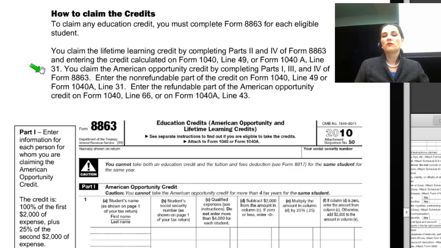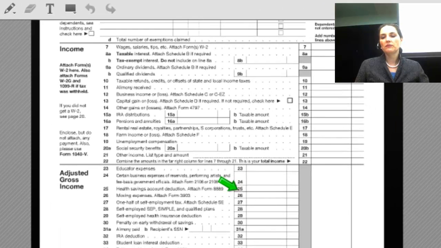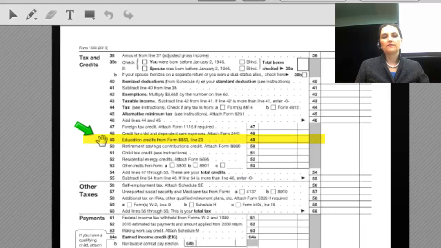Do not use short Form 1040A because your line numbers and line entry amounts will differ from ours. So anytime you take one of our courses, please do use the long Form 1040 and avoid the short form. You enter the non-refundable part of the credit on line 49 of Form 1040. And, of course, that is shown on page 2 of the Form 1040 right here.